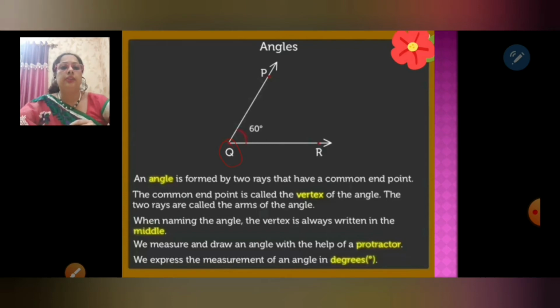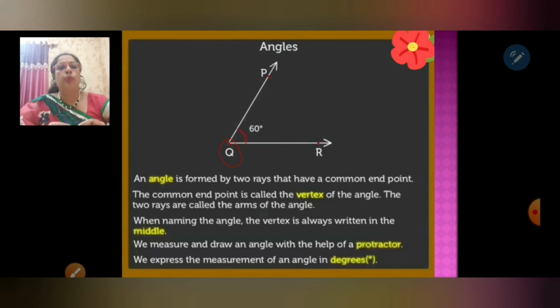So here the arms of the angle are PQ and QR. When naming the angle, the vertex is always written in the middle. For example, if I want to name this angle on your screen, it can be named as angle PQR or angle RQP.